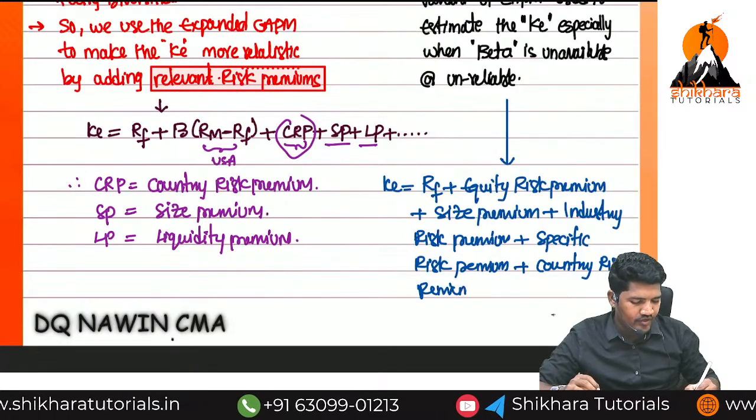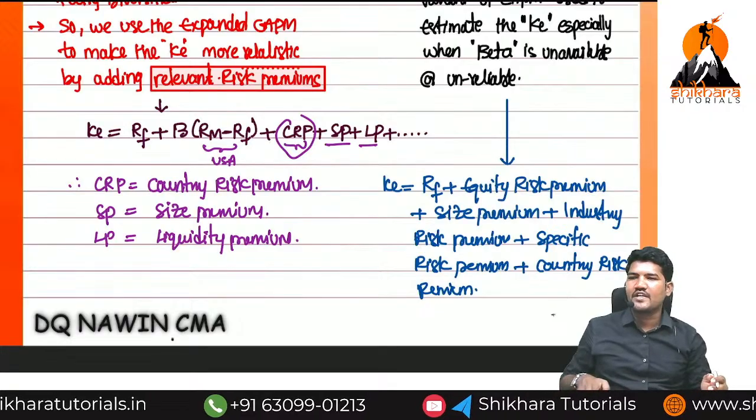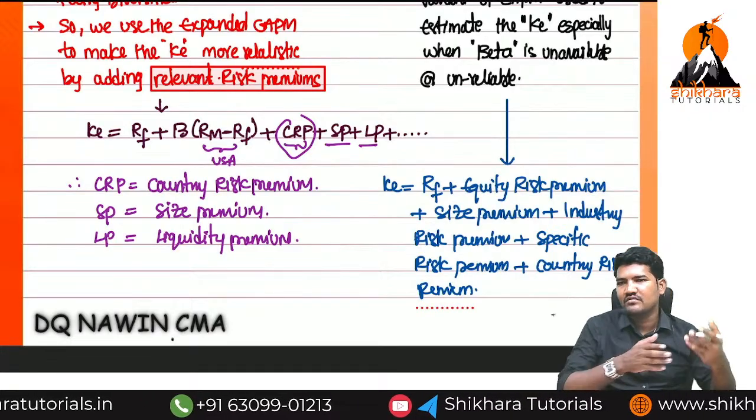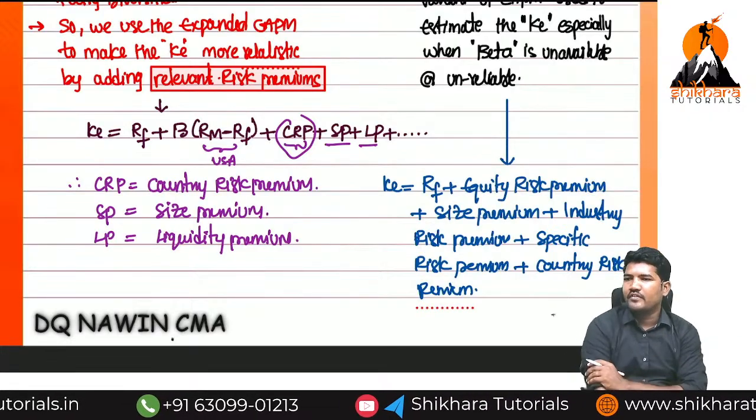In simple words, the sum of all premiums is known as KE in the build-up model.